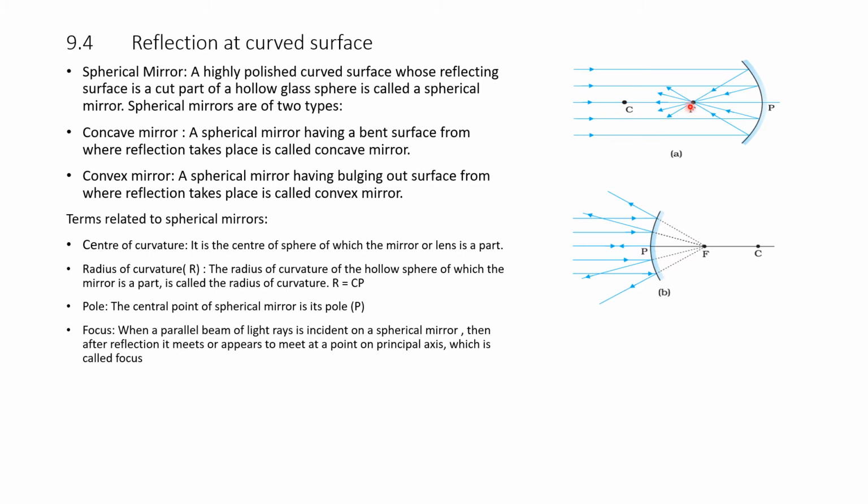In the case of a concave mirror, in the figure here, all the parallel beams are incident on the mirror and get reflected, and they meet at a point F. You see here, this ray gets reflected and meets at point F on the radius of curvature.